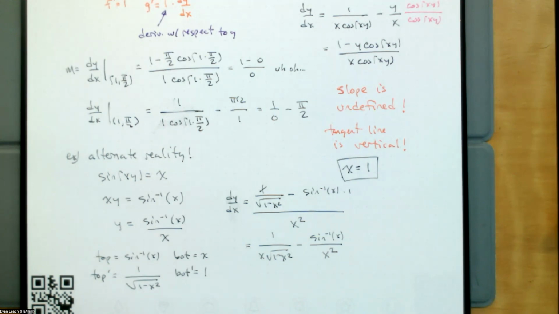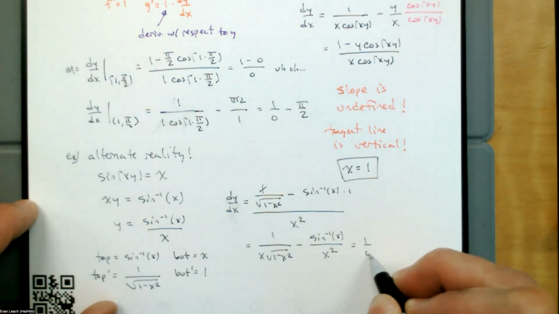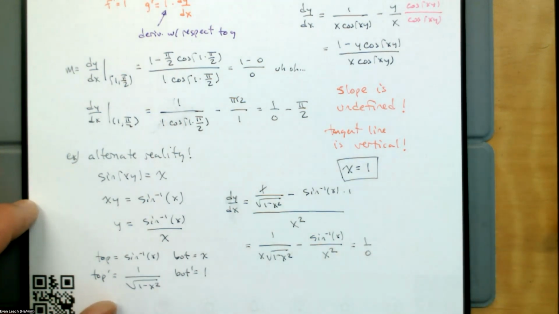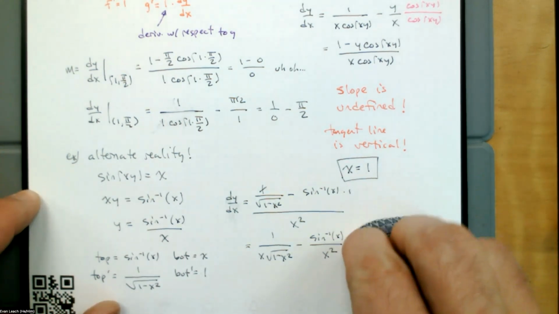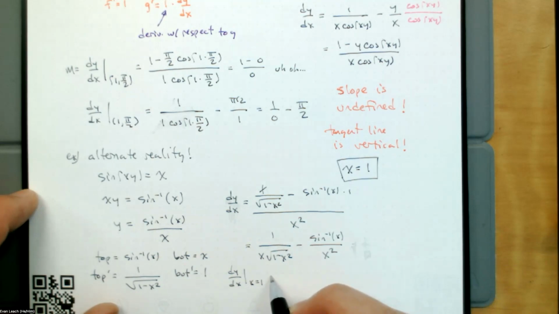So this is still 1 over 0 minus pi over 2. So that matches with what we had before.